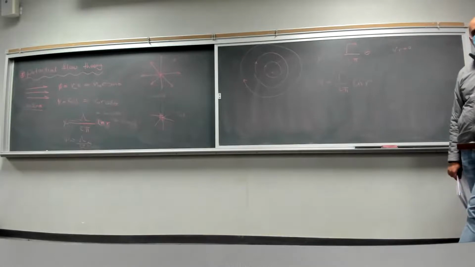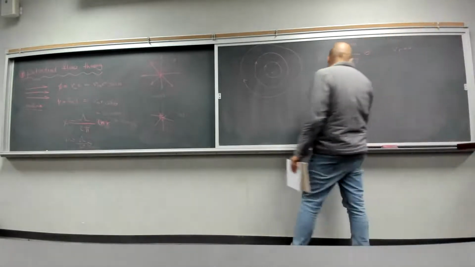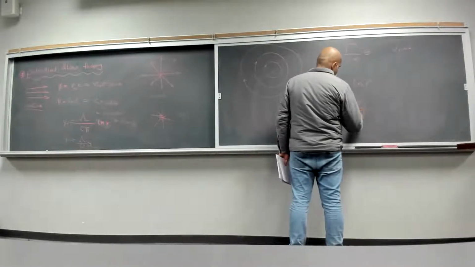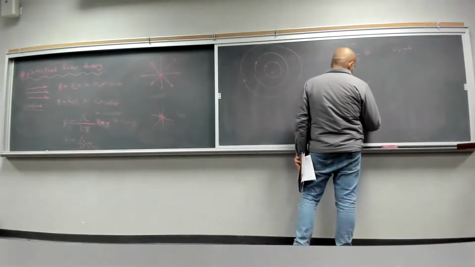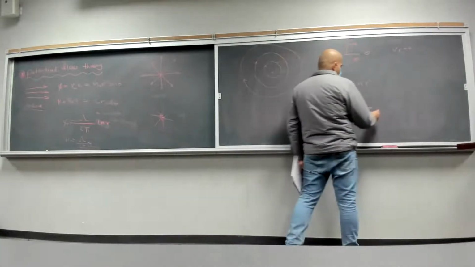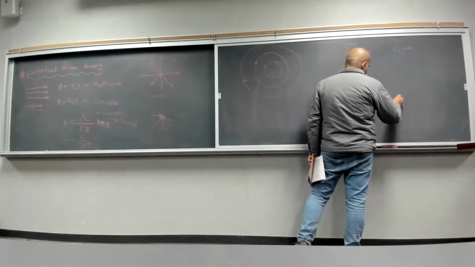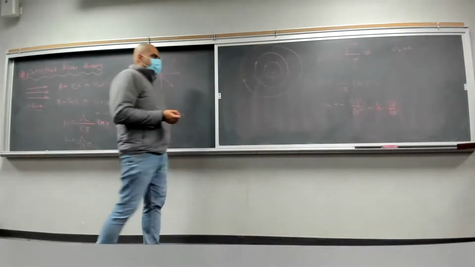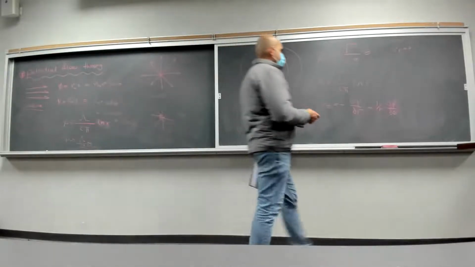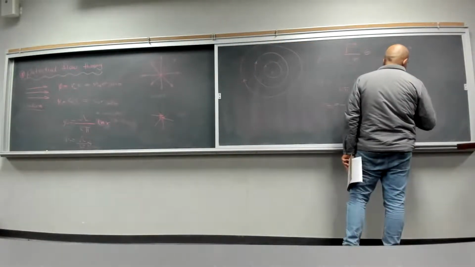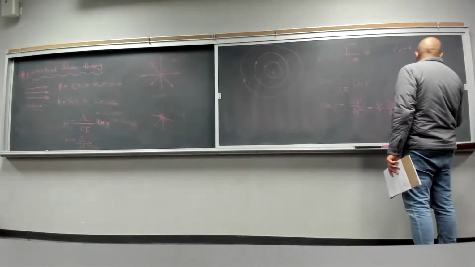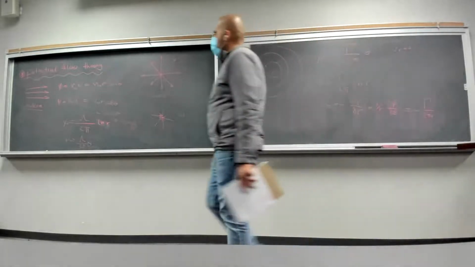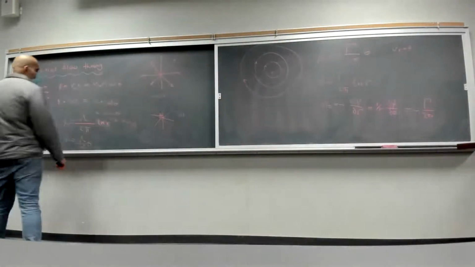Exactly, that's for psi. So V theta using psi is going to be negative partial psi partial r. Thank you. And if you want to use velocity potential, it will be 1 over r partial phi partial theta. Both of them will give you the same result eventually. V theta for a vortex flow is going to be equal to negative gamma over 2 pi r. Okay?